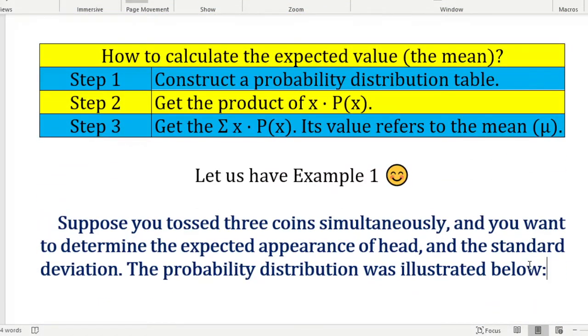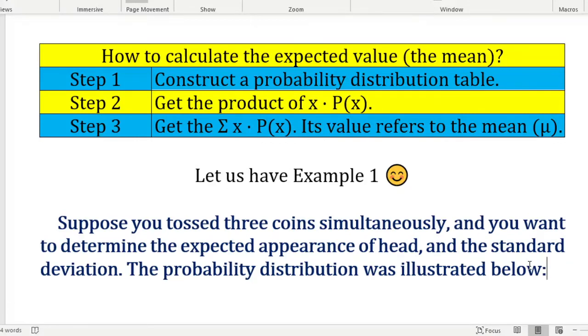Let us have a problem on how to calculate the expected value, or we refer to it as the mean. To solve for the expected value of a discrete random variable, first, we construct a probability distribution table. In some cases, it is already provided, but if it is not, then you have to construct it.